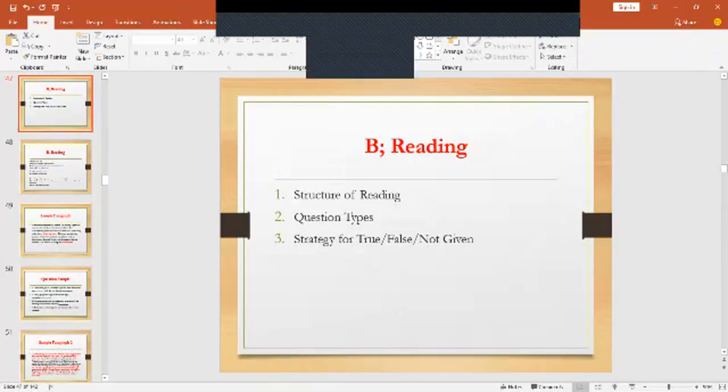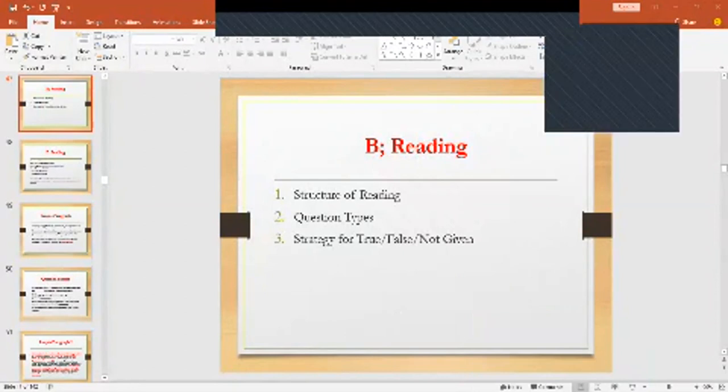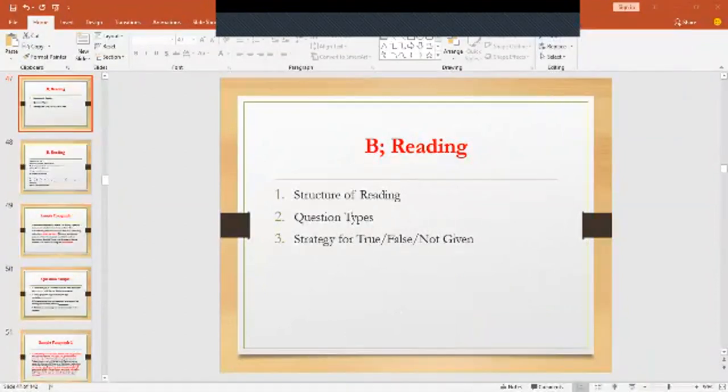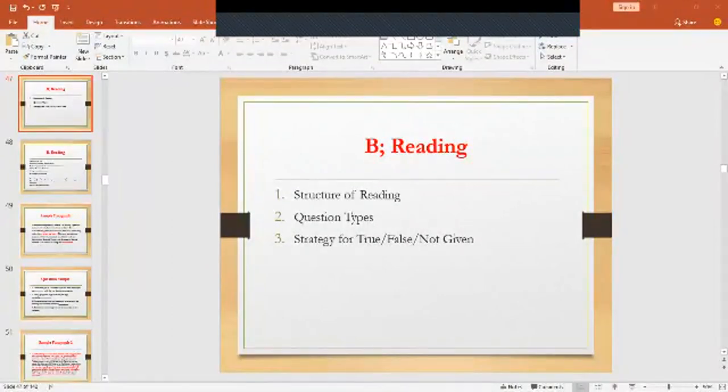I will be teaching the IELTS reading under 3 topics. I'll be teaching the structure of reading. Then under the structure of reading, I will be explaining how to read effectively. I know that most of us have experienced different explanations about how to effectively read, but I'm going to show you what I have used for students and have yielded outstanding results for most of our students in the physical class.